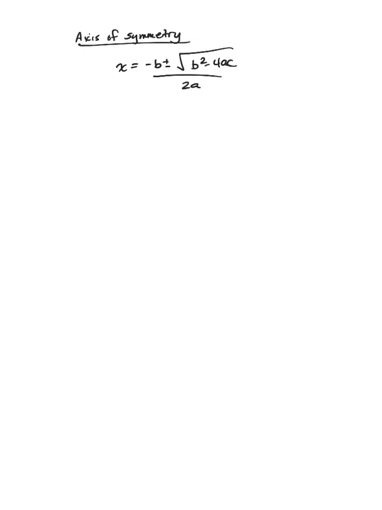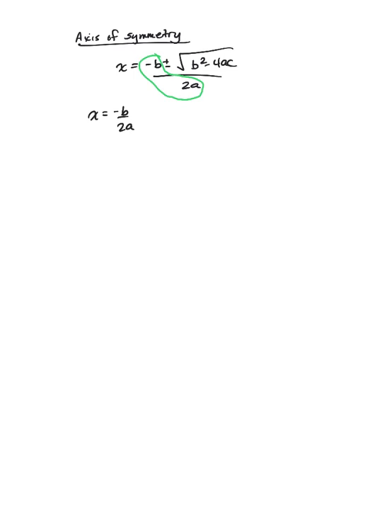Here it is, guys. That is your axis of symmetry. So your axis of symmetry helps you to sketch your parabola because you know what it's going to be symmetric over. So that is extremely helpful.